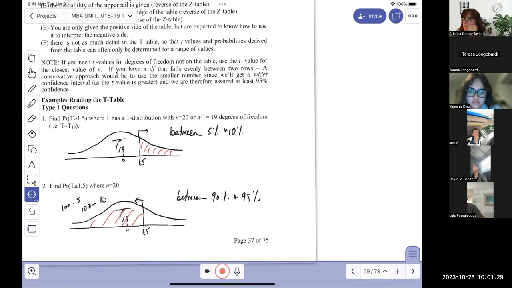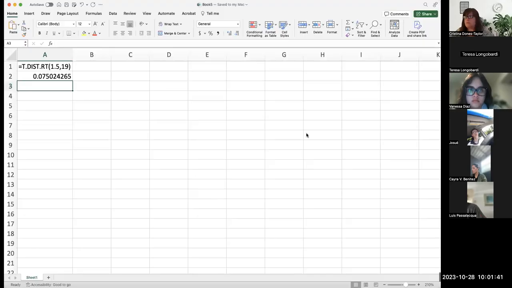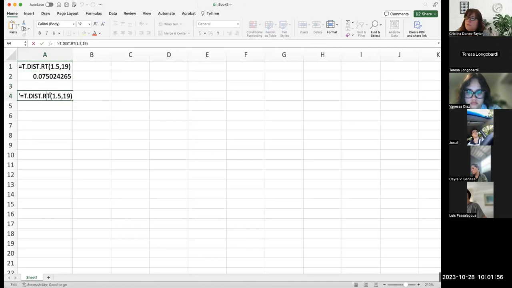We can do it on Excel as well. And this time, don't use the right tail, use just the regular distribution. So I'm just going to copy this and use no right tail, just distribution.